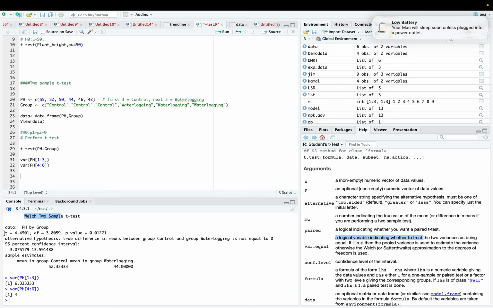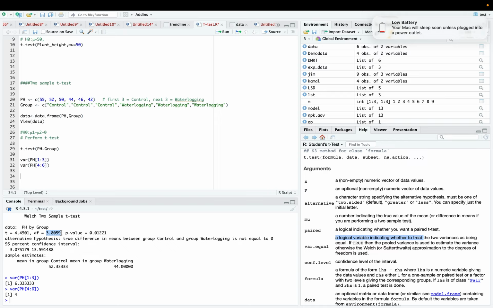Here we see the t value is higher, 4.49 is much higher. That means the difference between the sample means is large, so there is a high chance of being significant. Another thing: the degrees of freedom is not an integer, it's in decimal form.